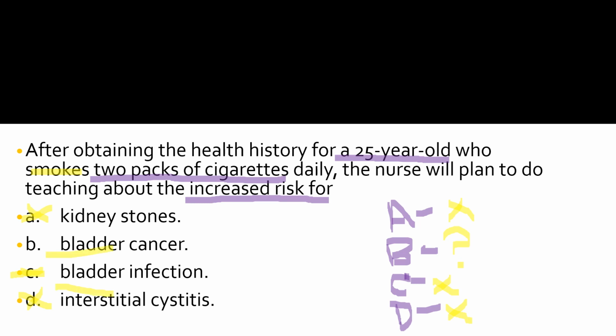So we have bladder infection, which we already said was incorrect. Bladder cancer. So this is something you have to just remember. Cigarette smoking is a risk factor for bladder cancer. Now, I'm going to test you guys with an extra question here just to get you thinking. If your patient is diagnosed with bladder cancer, what type of chemotherapy will we use on this patient?